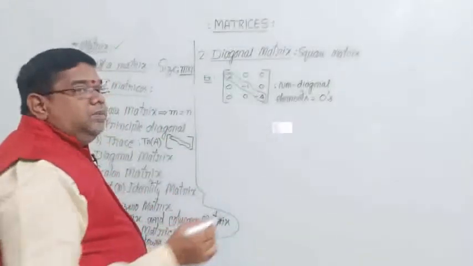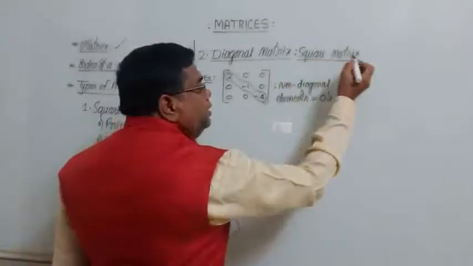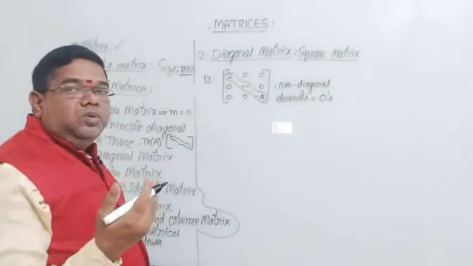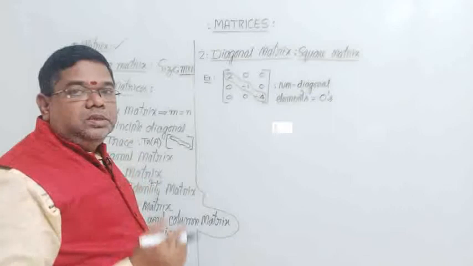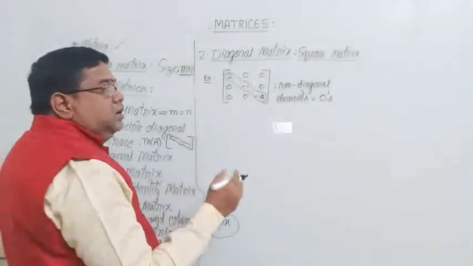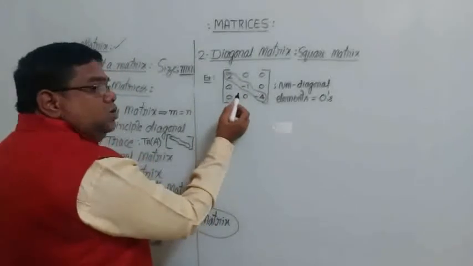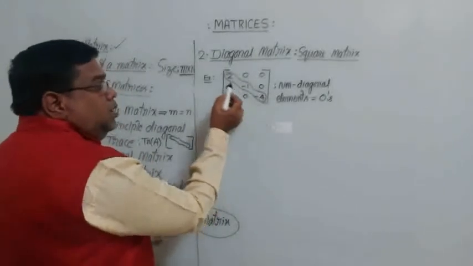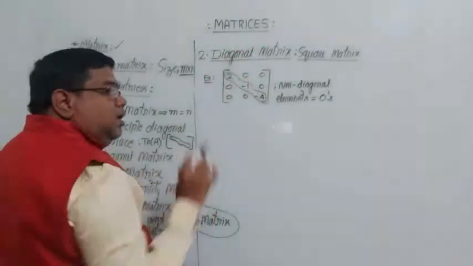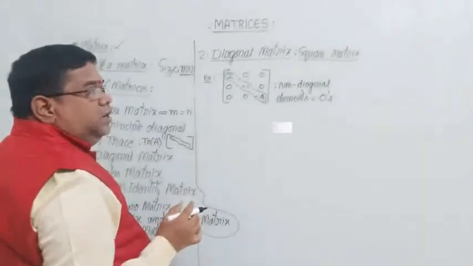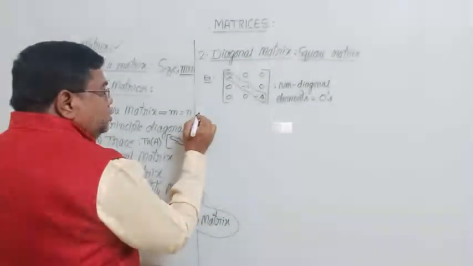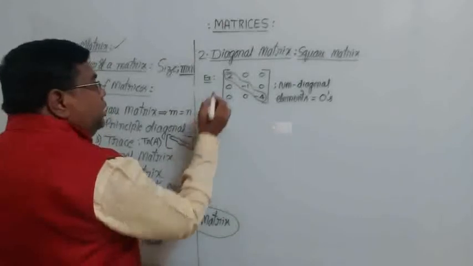So a diagonal matrix must be a square matrix of order 2, order 3 or order 4. It may be any order, but the non-diagonal elements are zeros and the principal diagonal has some elements. Clear? Now the third one is scalar matrix.